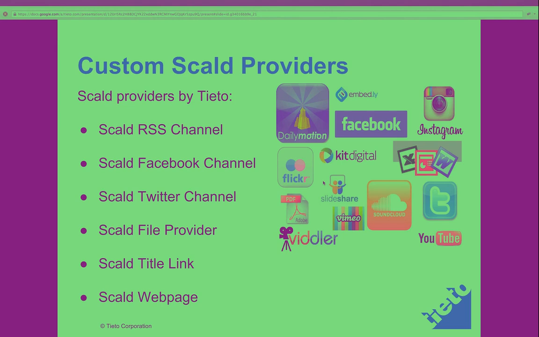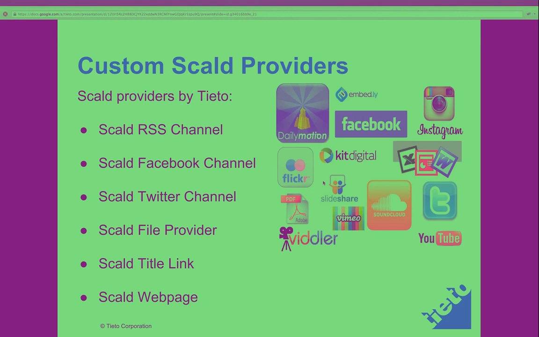And then we have a Scald Facebook channel, the same thing, so we can populate Facebook feeds on the website and put them wherever we want, inside inline content, whatever. Twitter, the same thing, it's using the latest Twitter API, we just converted it. And then a file provider, which is a generic provider for files. So it can basically take any type of file which you configure.